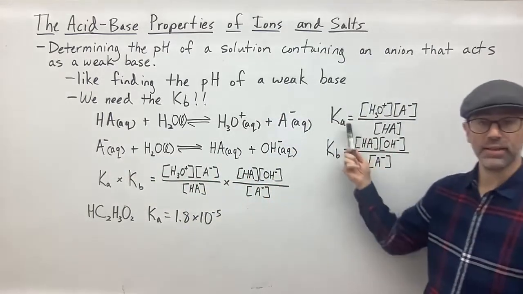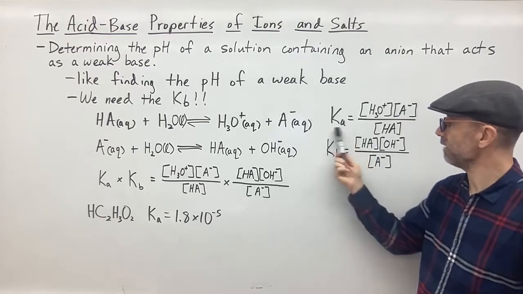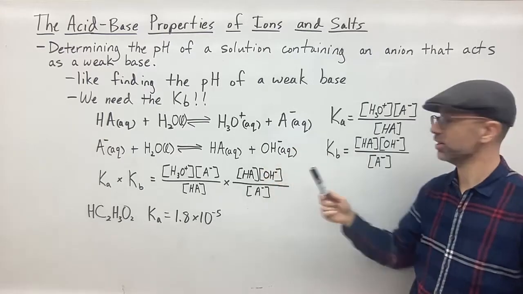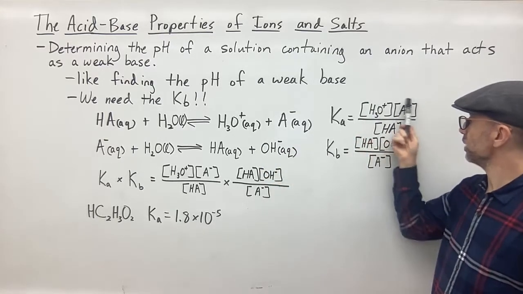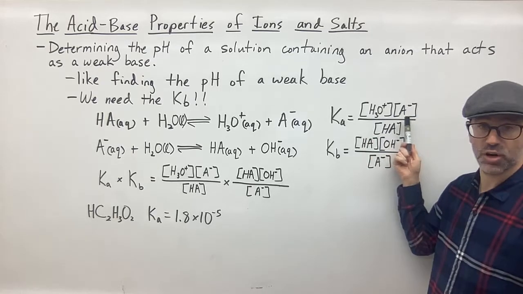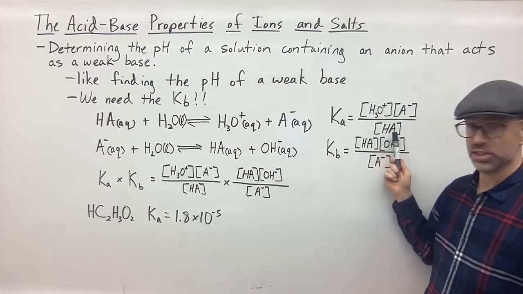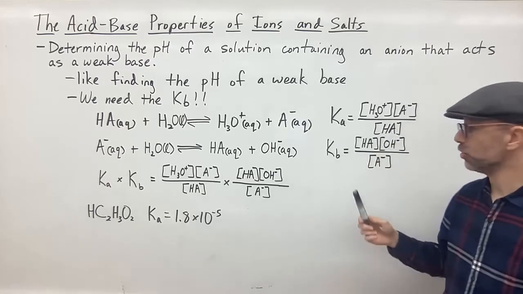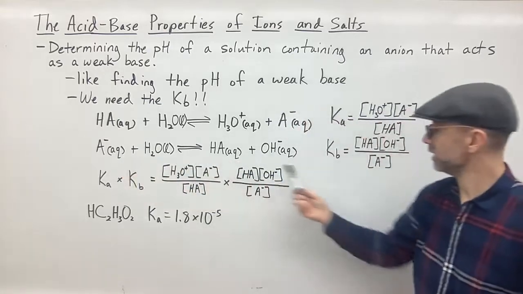So we can write the Ka and Kb values like we normally do, right? So the Ka value for your generic acid is going to be the concentration of hydronium ion multiplied by the concentration of your anion, and then divided by the concentration of your acid. So the Kb value for your anion is going to be written the same way.